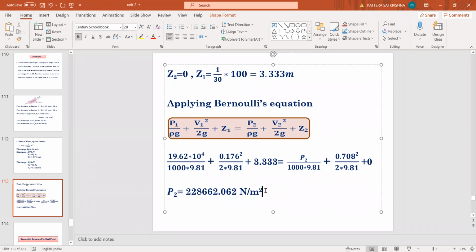You can divide it by 10 power 4 to get Newton per centimeter square, which is 22.66 Newton per centimeter square.